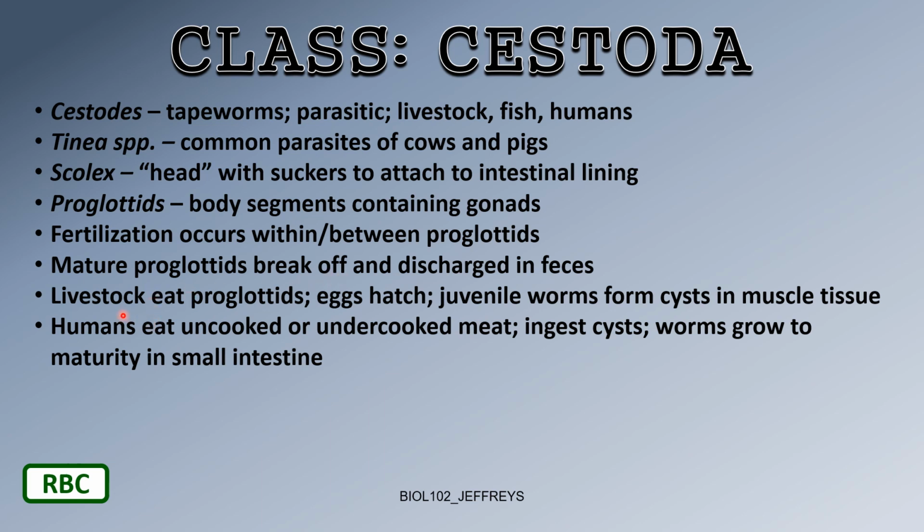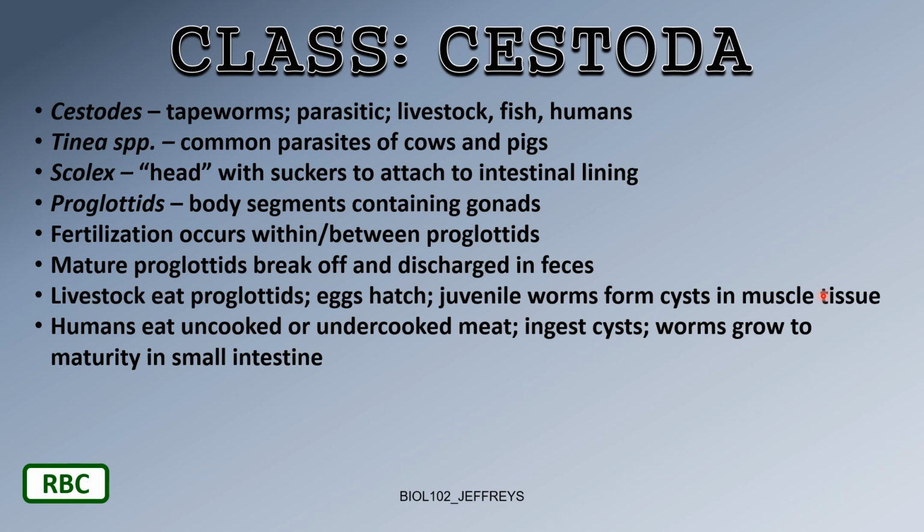So here we go, I'm thinking ahead. Livestock eat proglottids, right? The eggs hatch, and the juvenile worms form cysts in muscle tissue. What happens here, especially in pigs, is that the cysts, or juvenile tapeworms, bury themselves or bore themselves into the muscle tissue.